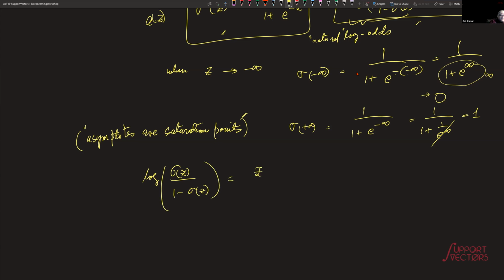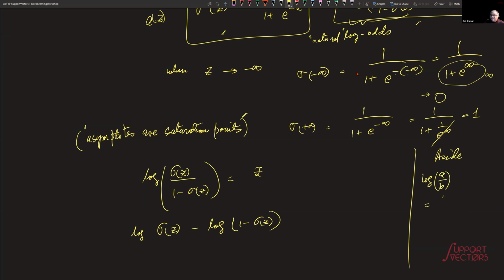So this can be written as log sigma(z) minus log(1 - sigma(z)). Those of you who remember, just as an aside, the basic property of log, if you have forgotten: log(a/b) is log a minus log b. Just as a refresher from your middle school days. So I broke it up.